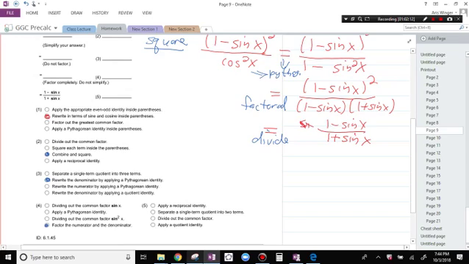I don't like any of the other choices. I think they put the 2 steps together. And then number 5, we divided out the common factor. That's what they call factoring.